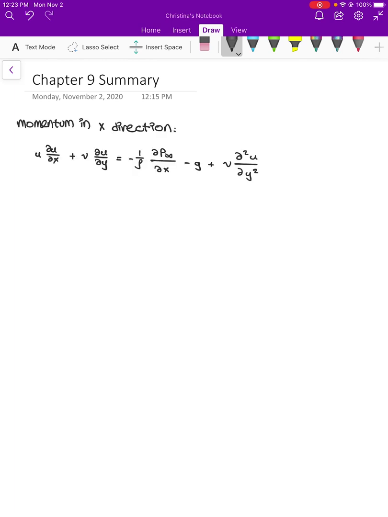For this process, the momentum equation in the x direction can be written as u times du/dx plus v times du/dy is equal to negative 1 over rho times dp∞/dx minus g plus nu times the second derivative of u with respect to y.